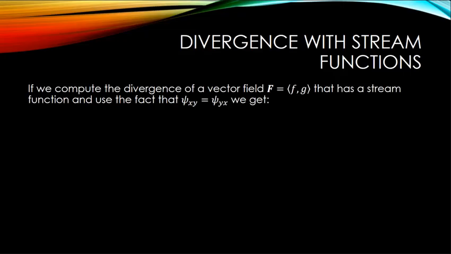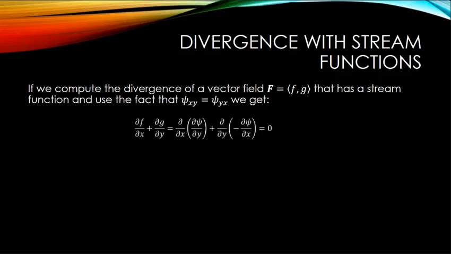If I compute the divergence of my vector field F given by the vector with components f, g that has a stream function, and use the fact that psi sub xy is equal to psi sub yx, we get this.